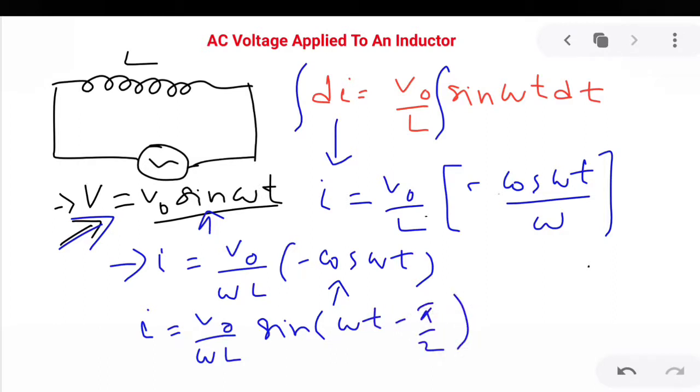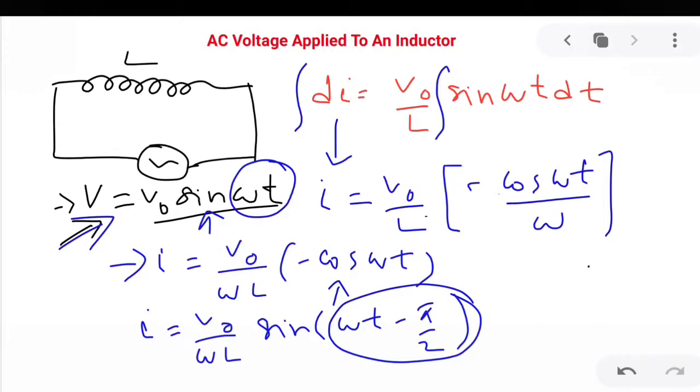Now here also we have a sine term, and here also we have a sine term, so we can compare the phase. The phase of the voltage is omega t, and the phase of the current is omega t minus pi by 2.